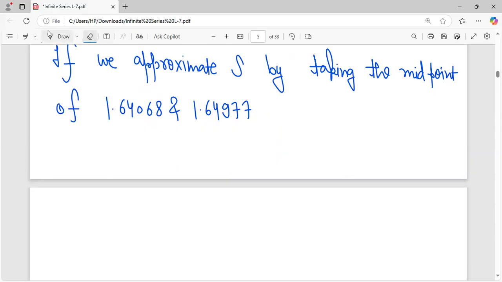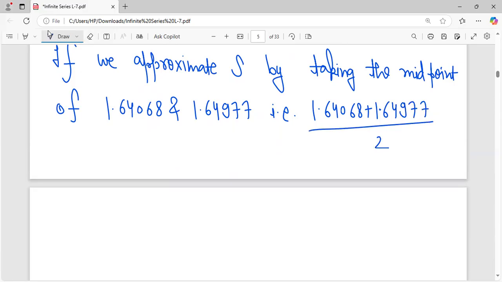It means 1.64068 plus 1.64977, divided by 2, is equal to 1.6452.